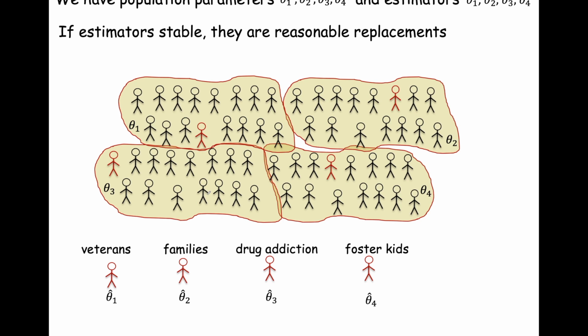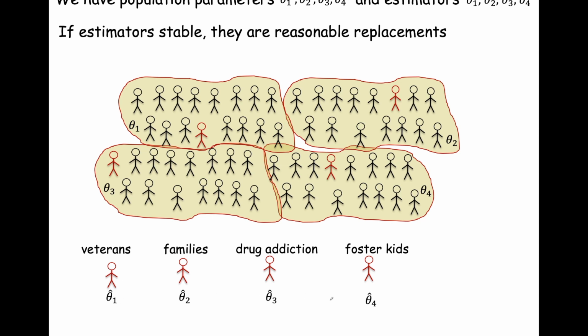Now, of course, these population parameters, we don't know what they are, but what we're going to do is compute some function over a sample, a statistic, and use these estimators as replacements for these unknown quantities. So, for example, we'd sample some veterans, then we compute a statistic, and that estimator we're going to call theta 1 hat.